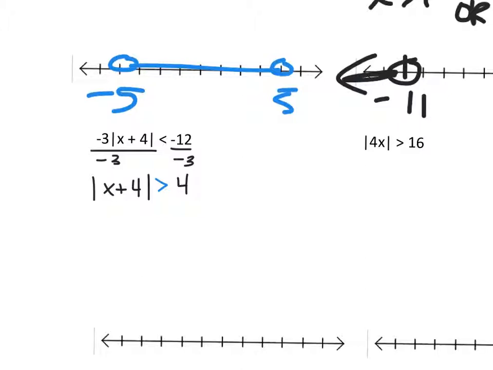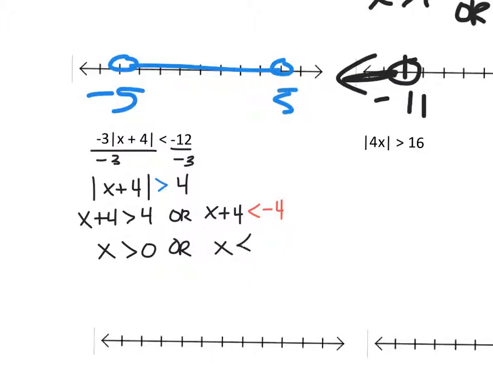Again, I have an absolute value that's greater than, so I'm going to make an OR. I write x plus 4 is greater than 4, or x plus 4 is less than negative 4. So my two inequalities are going to be x is greater than 0, or x is less than negative 8.